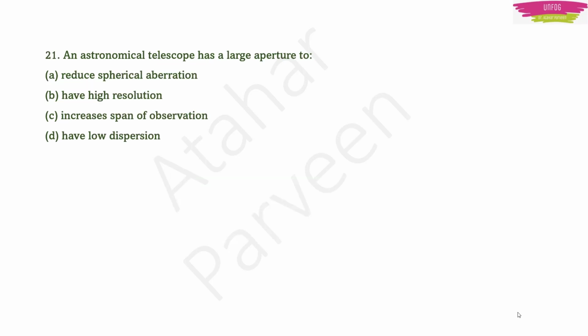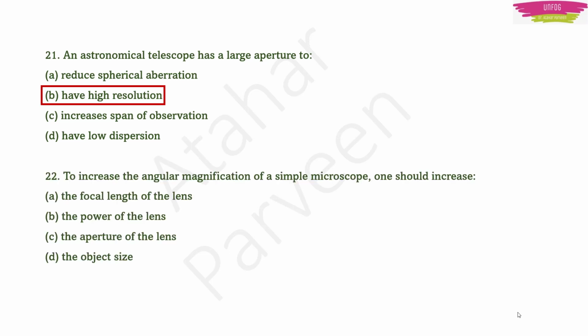Next question. An astronomical telescope has a large aperture to, it should have large aperture because it should have high resolution. Large aperture will give you high resolution. Next question. To increase the angular magnification of a simple microscope, one should increase the power of the lens.